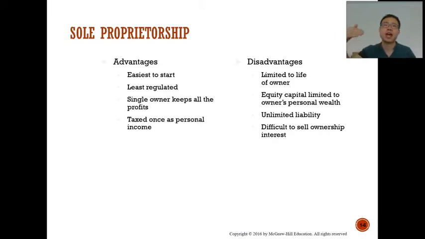And after being taxed at the corporate level, the profit will be distributed to the shareholders as a dividend. And when the shareholders receive the dividend payments, the dividend will be taxed a second time at the personal level. So it has a double taxation problem. Well, as a sole proprietorship, for example a restaurant, the business does not have to be taxed twice. It's only taxed once.